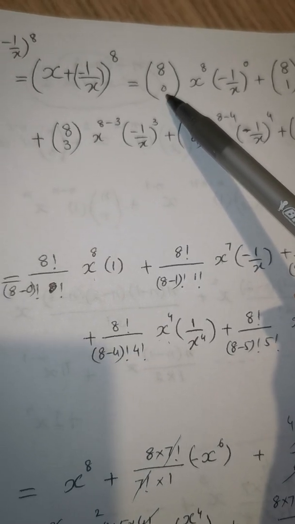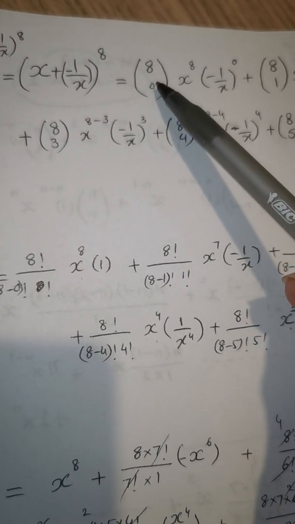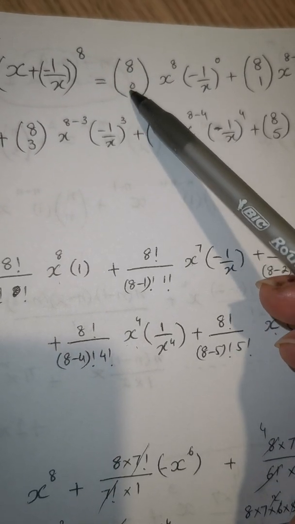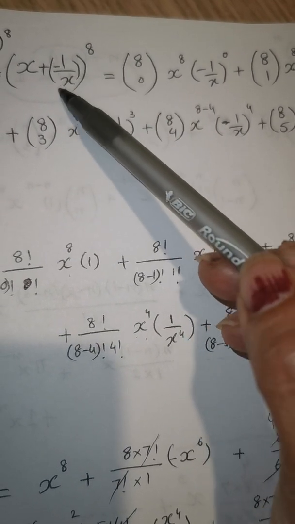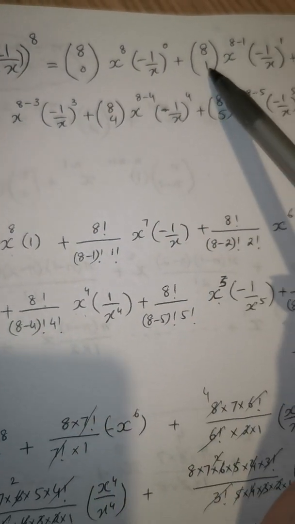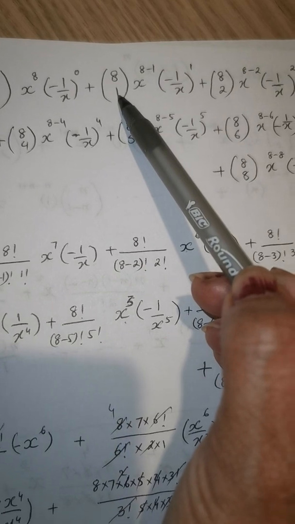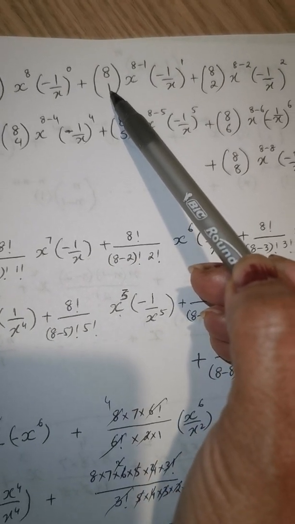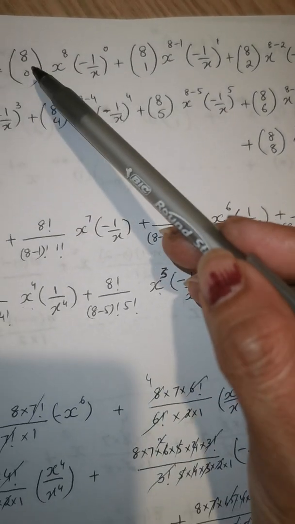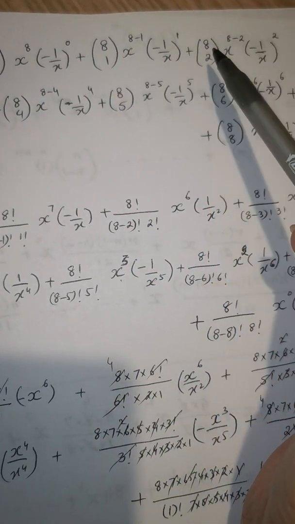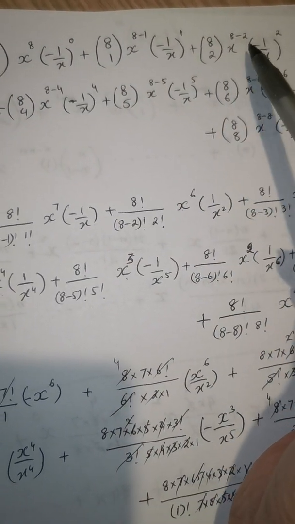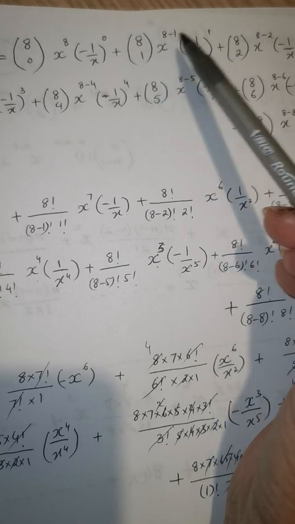Now the second term will be 8c1 x power 8 minus 1, the difference of these, and minus 1 over x, whose power will be 1. Third term will be 8c2. I am going to increase 0, 1, 2, and the 8 will remain the same because it is our main exponent.